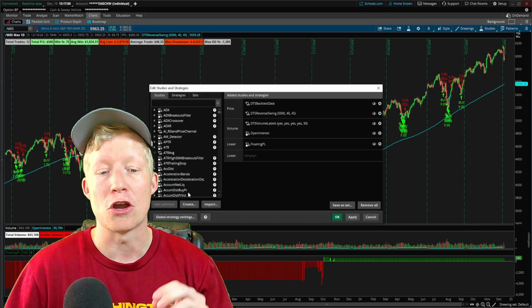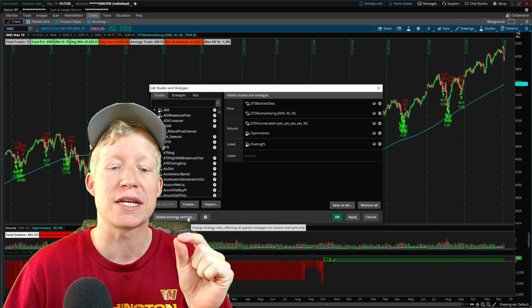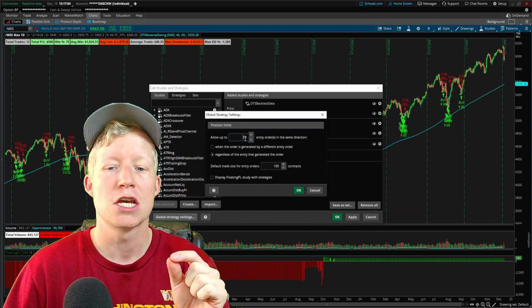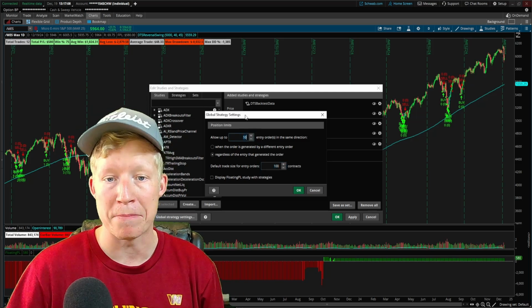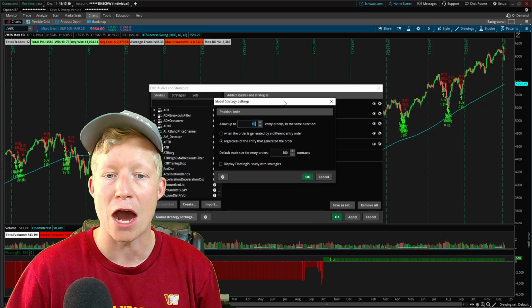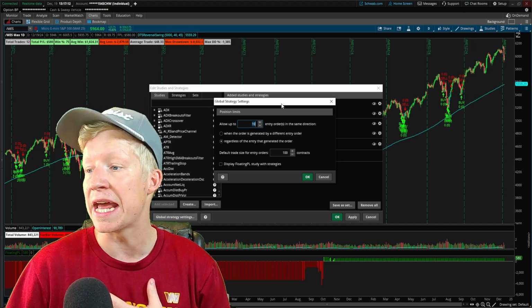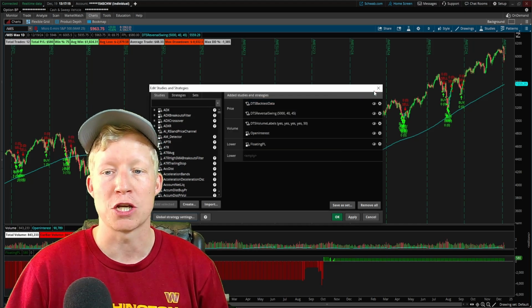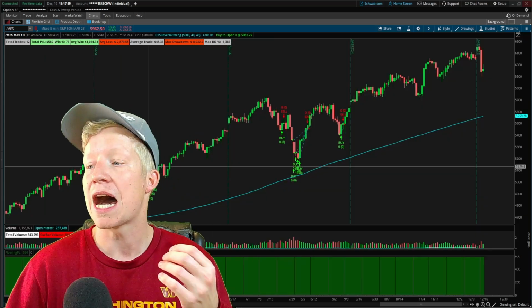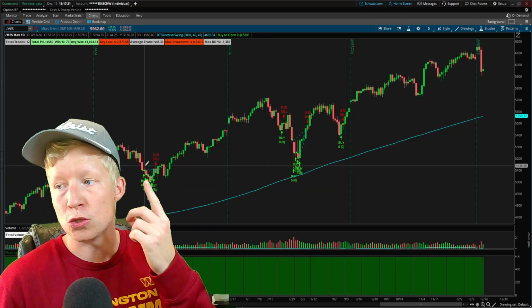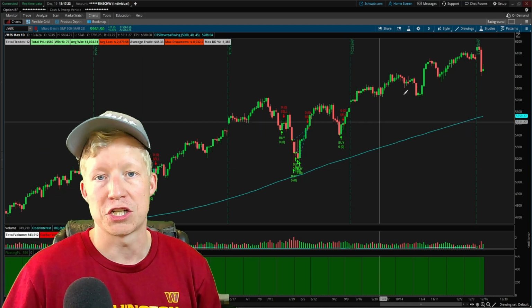One more caveat here. I'm going to set the global strategy settings to 10 contracts, because in my reversal strategy that we're looking at now, I allow up to 10 entry orders in the same direction, meaning as long as the buy condition is true, up to 10 times, I will scale into positions with this strategy.